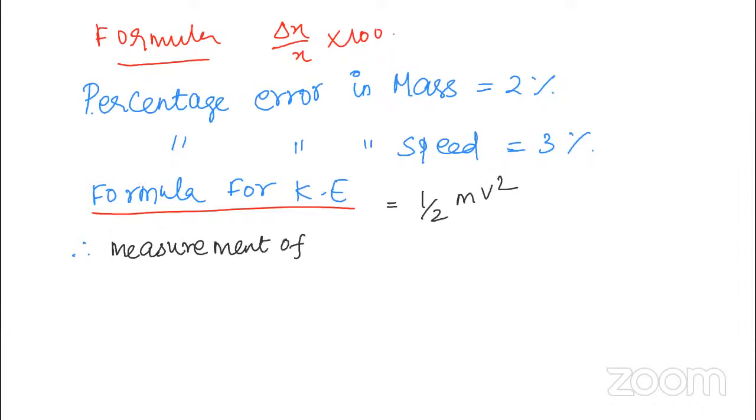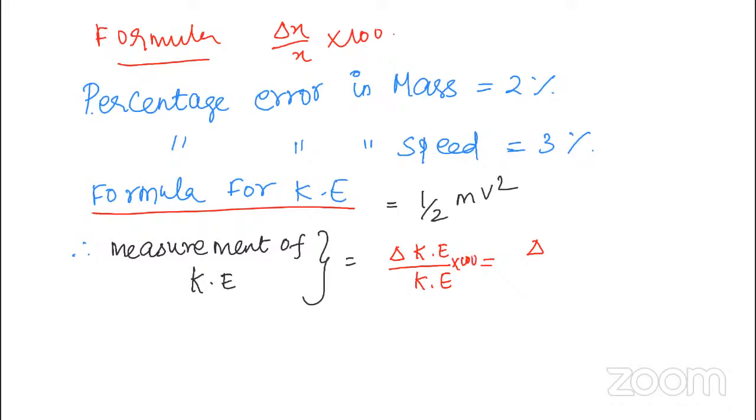Measurement of kinetic energy. So, delta kinetic energy divided by kinetic energy is equal to delta m divided by m into 100.